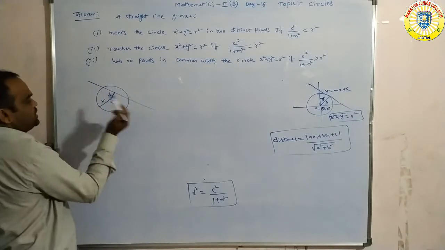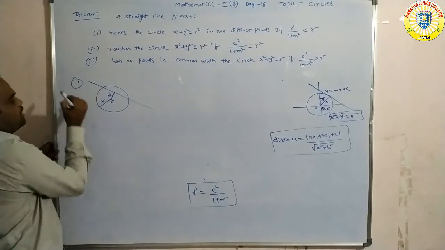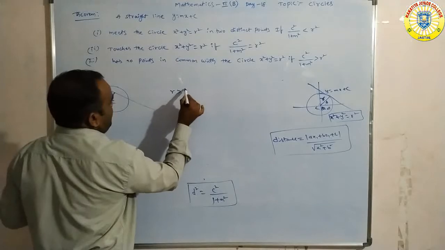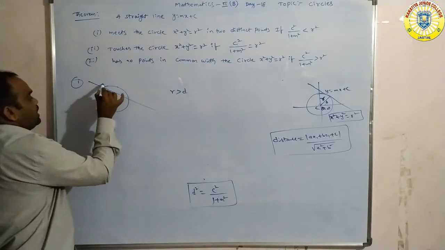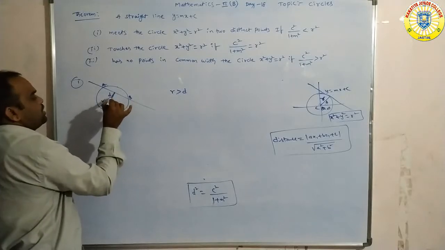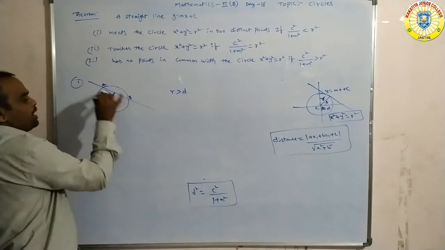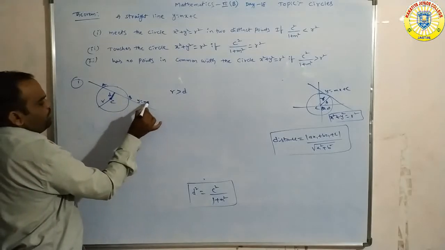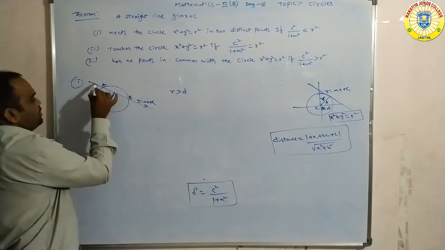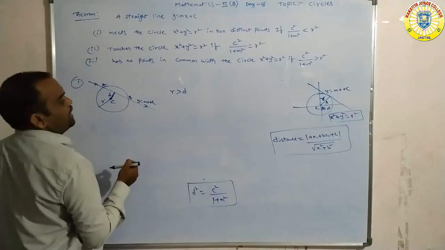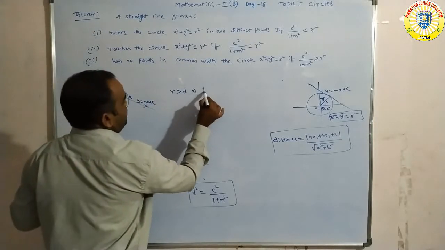In this case, the radius is the greatest value, so r is greater than D. The line meets the circle in two distinct points. D is the distance from the center to the line y = mx + c.